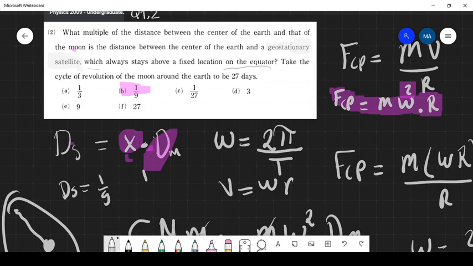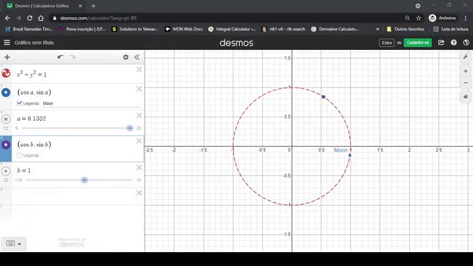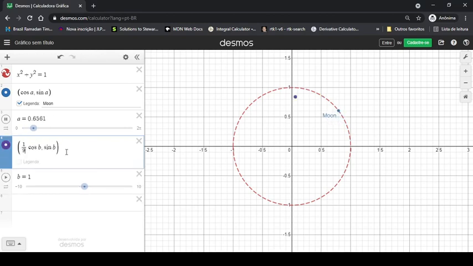Okay, so let's go back. I think you can see the drawing now. So what I need to put over here is the radius, which is 1 divided by 9. And put it from 0 to 2 pi.